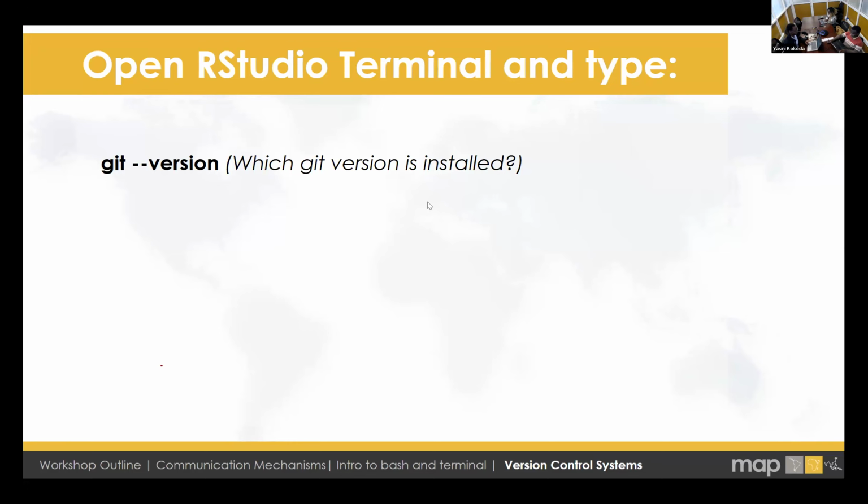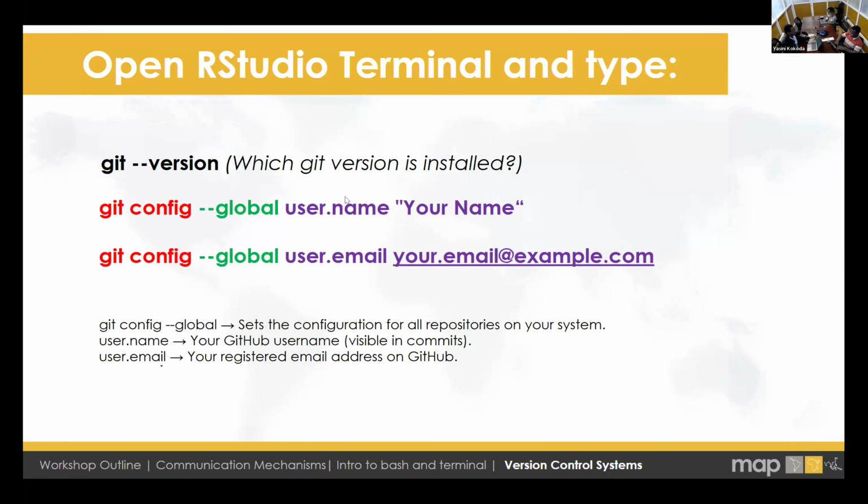We check the version to see if you have Git installed on your computer. Also, these are the configuration settings, your username and your email, and these are particularly important when you are making commits or changes, and when you are collaborating with other people, they can see that you are the one who made the changes.